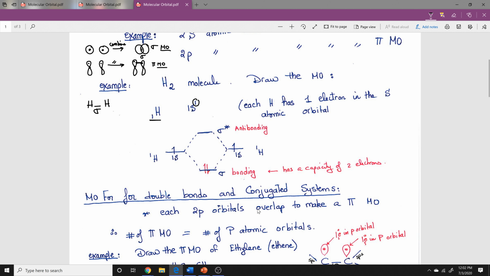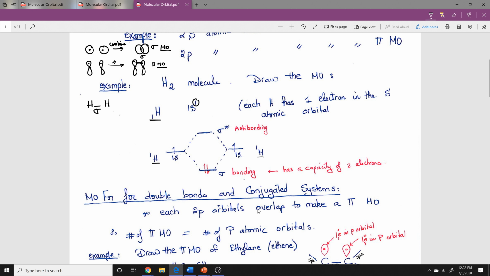So every hydrogen has one electron in there in the s orbital. So you draw these two hydrogens in there because, again, you're forming a bond between two hydrogen atoms. Each hydrogen has a 1s atomic orbital, and in this 1s it has one electron. This is the electronic configuration.